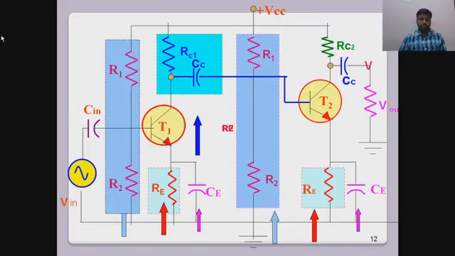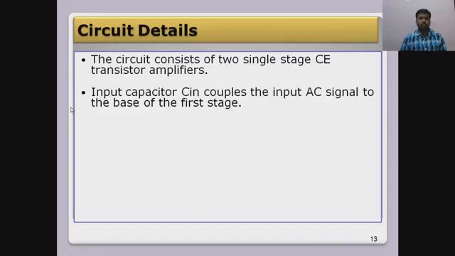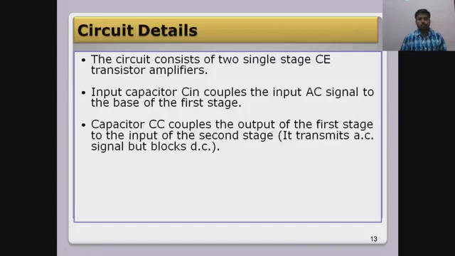See here, the input capacitor C in is coupling the input V in to the base of stage 1, and the capacitor CC, the coupling capacitor, couples the output of the first stage to the input of the second stage.